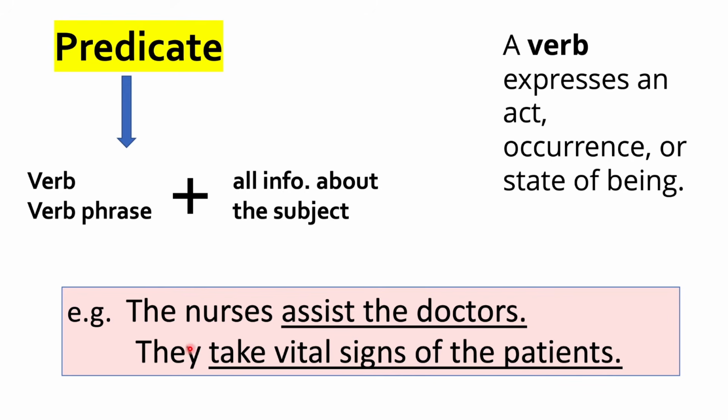And then we have here, they take vital signs of the patient. So complete predicate, take vital signs of the patients. We have here the verb take plus all the information about the subject. Okay? So it's very important that we be able to identify the verbs or verb phrase of the sentence.